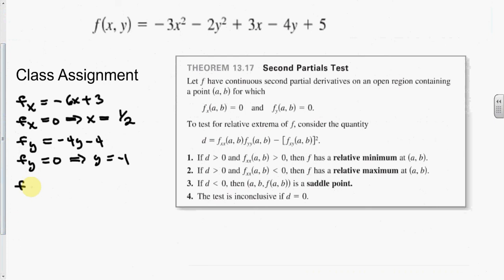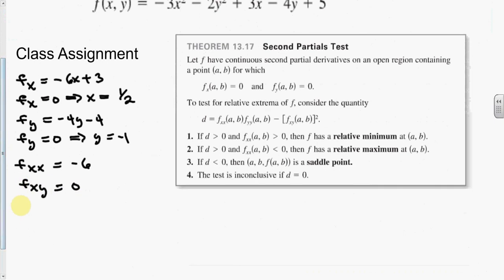Now we find those second partials. Coming from that first partial of f with respect to x, the second partial of f with respect to x is negative 6. The mixed partial, you get 0. The second partial of f with respect to y is negative 4.